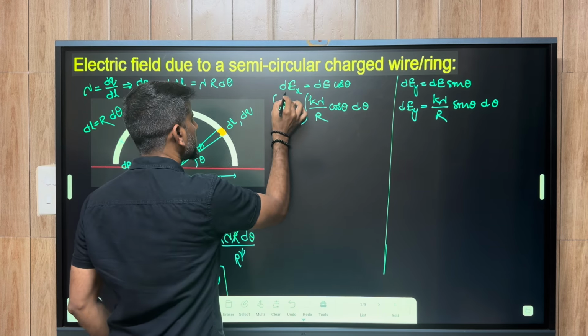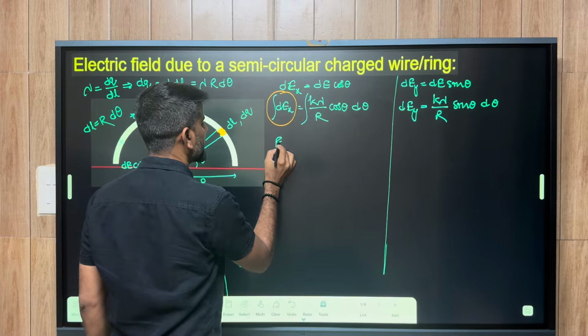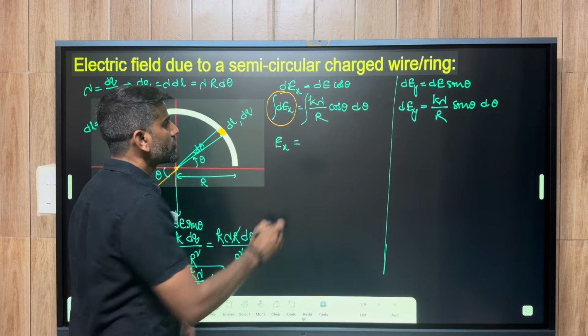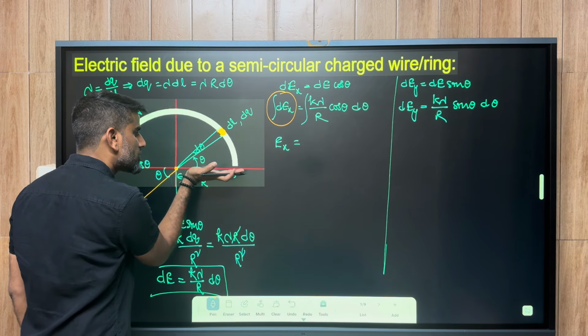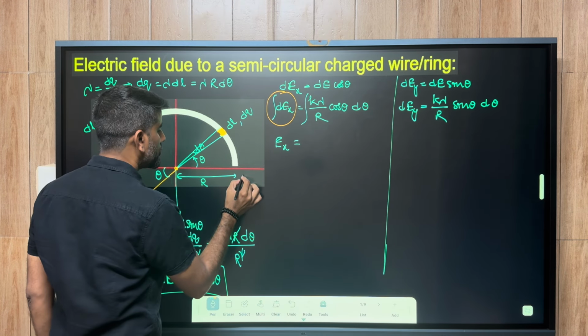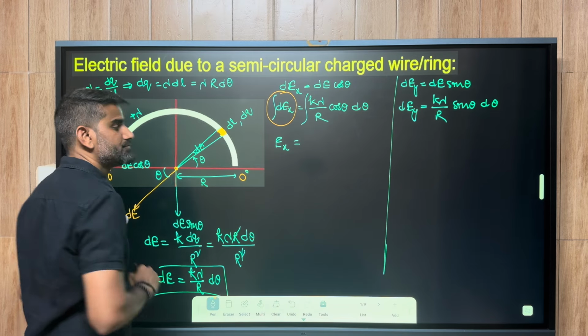Now what would be the limits for this angle? The angle is changing from 0 degrees to 180 degrees.